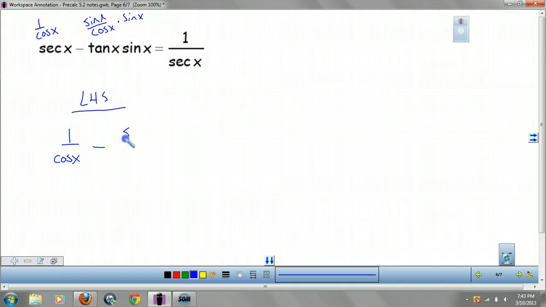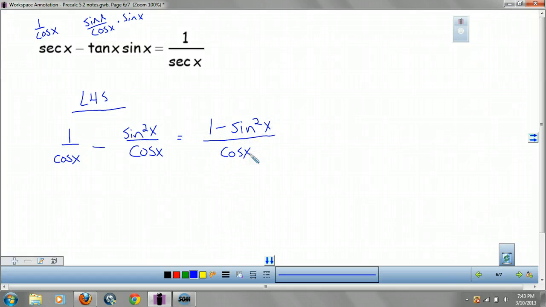So that's my sine squared of x over cosine of x. Now, let's combine those. End up with 1 minus sine squared of x all over cosine of x, because I have a common denominator, it's cosine.